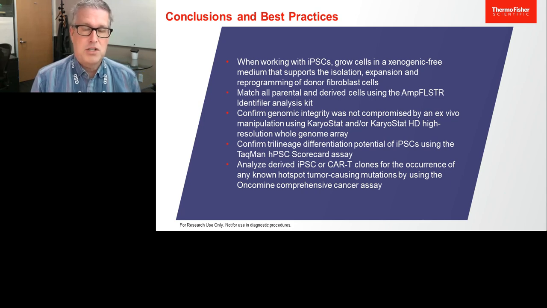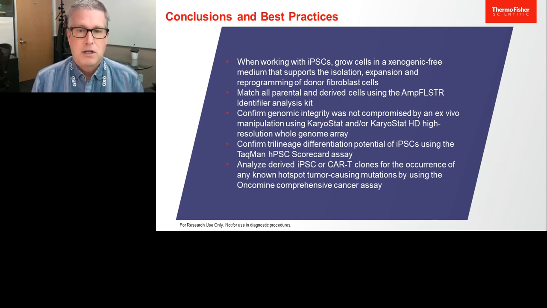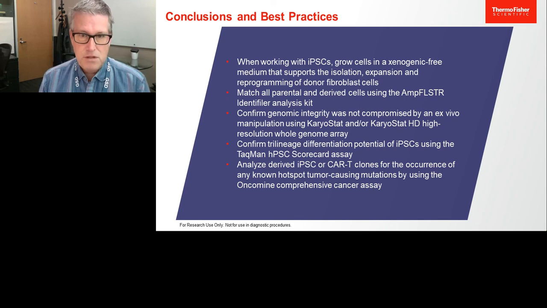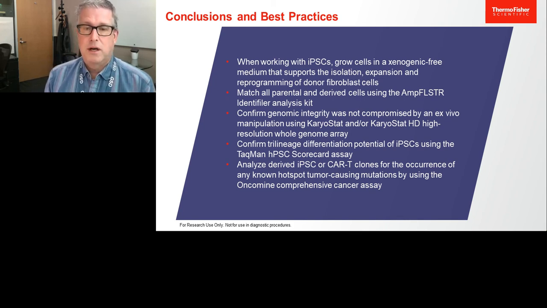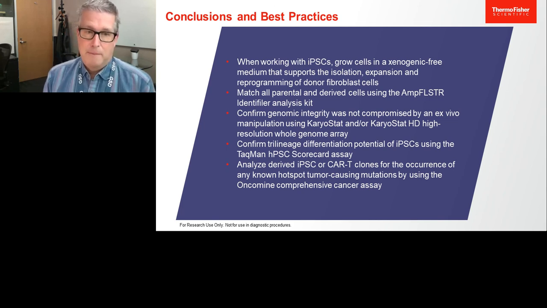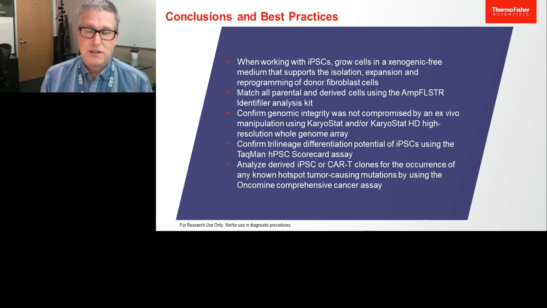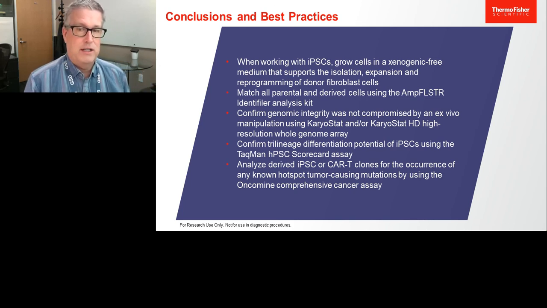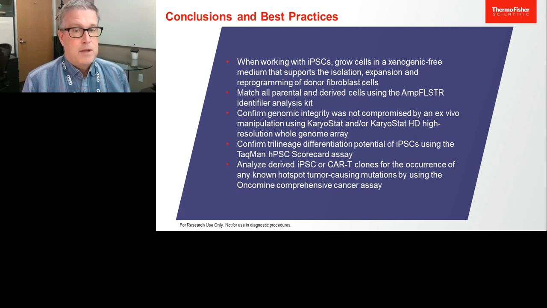This, again, makes sure that you haven't introduced novel deletions, duplications, or loss of chromosomes, of either a small portion or the whole chromosome itself. You can confirm the trilineage differentiation potential by using the TaqMan human PSC Scorecard assay. And this allows you to see the expression levels of self-renewal and lineage pathway expression markers.